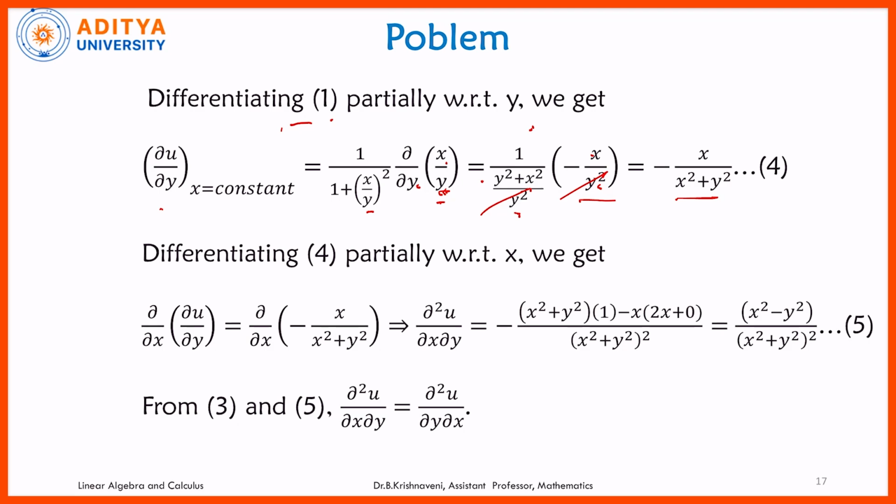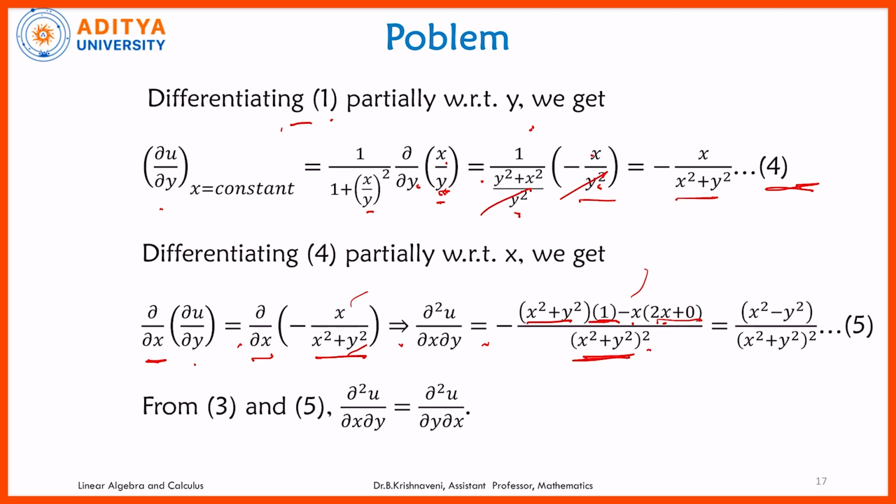Now again differentiating this fourth equation with respect to x, which gives dou by dou x of dou u by dou y, which is dou by dou x of minus x by x square plus y square. That implies dou square u by dou x dou y is equal to, again the numerator and denominator contain x, so apply the u by v rule: u dash 1 into v, x square plus y square, minus u, which is x, into v dash, the derivative of x square plus y square with respect to x, which is 2x, divided by v square, x square plus y square whole square.